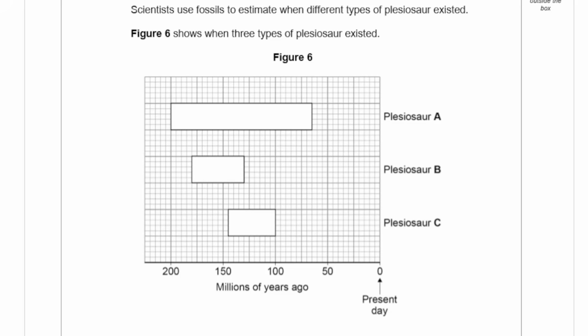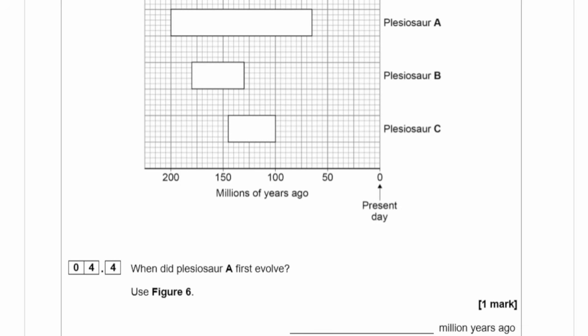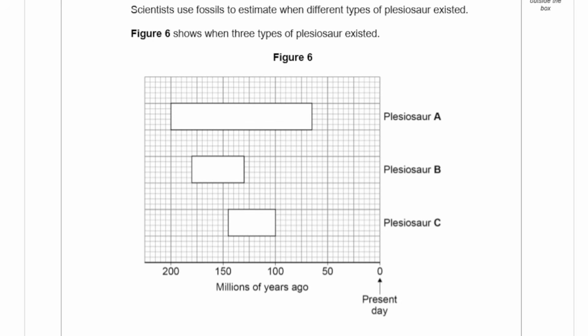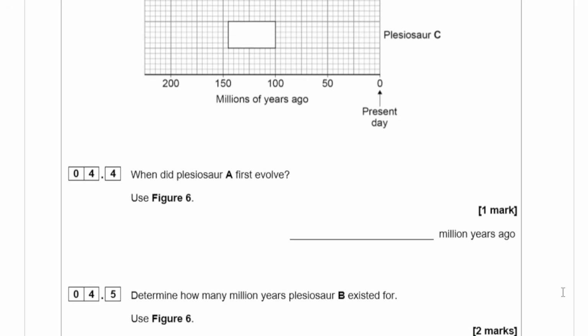So you have paleosaur A, present day, millions of years ago, paleosaur B and C. When did paleosaur A first evolve? That would be, this is where it actually started, isn't it? So that would be 200 million years.